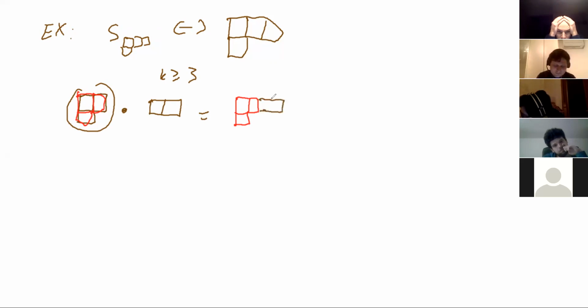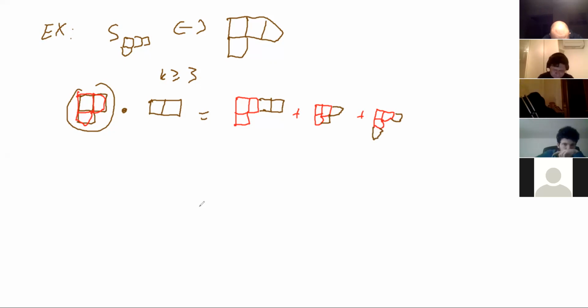So I can, for example, add them here. Certainly, I added at most 1 in a column. Where else can I add them? I could add them here and here. Where else could I add them? I could add them here and here. Where else could I add them?